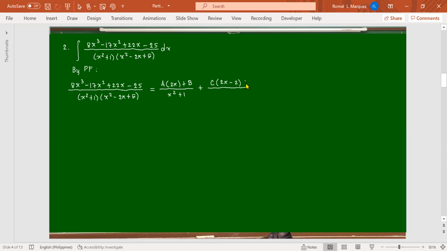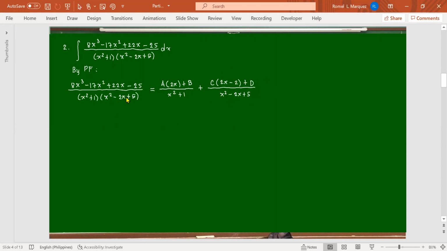And then the constant d, all over x squared minus 2x plus 5. So that's how we decompose. For a quadratic, we have c times a linear function, which is the derivative of the denominator, plus a constant d. That's the form of the corresponding partial fraction for each denominator.